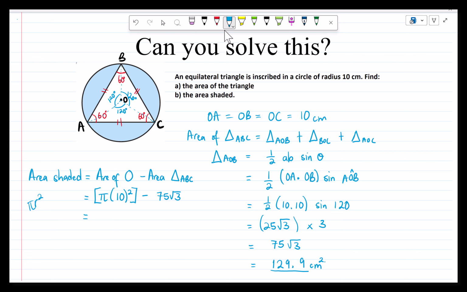If we multiply pi times 10 squared and subtract 75 root 3, we get 184.26 square centimeters, which, rounded off to one decimal place, is 184.3 square centimeters.